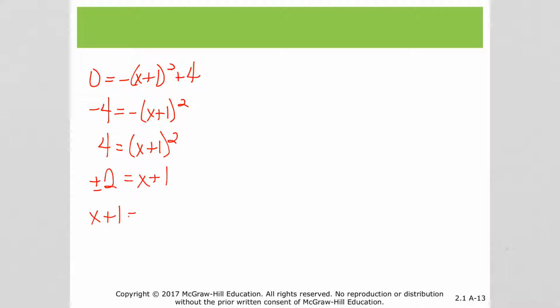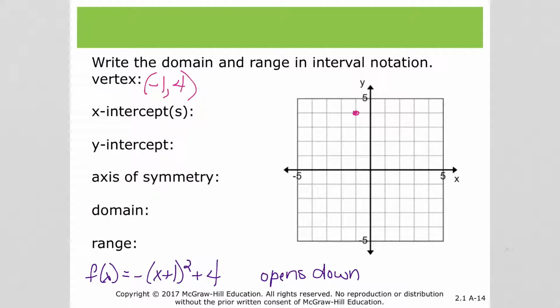So x plus 1 could be -2, or x plus 1 could be +2. So subtract 1 from both sides. And so our x-intercepts are -3, 0, and 1, 0.